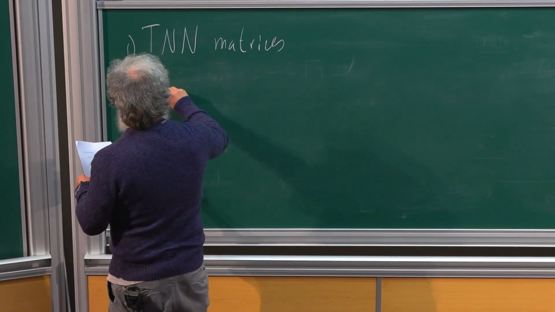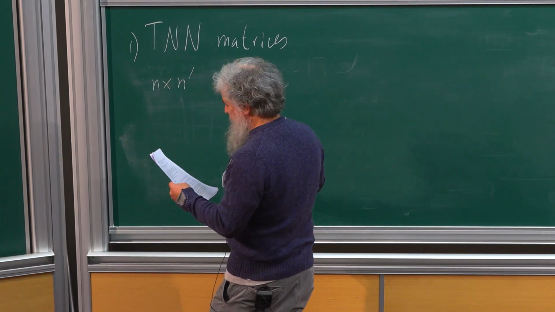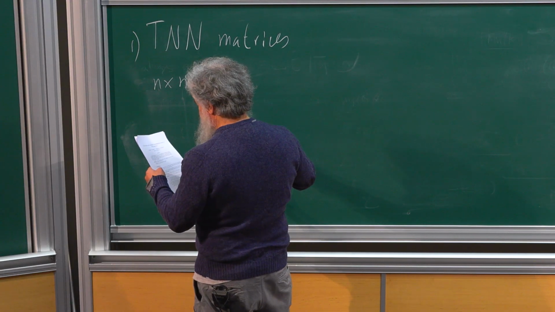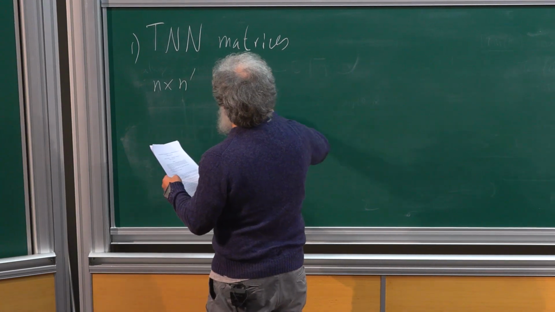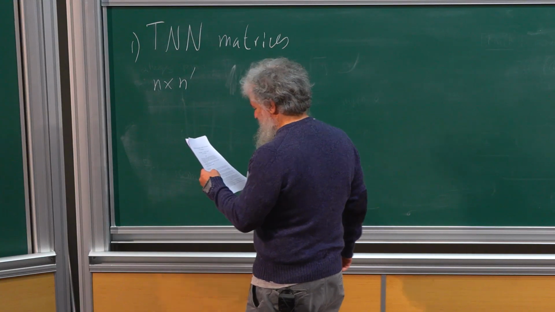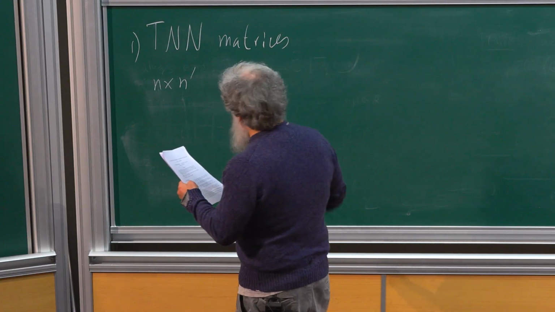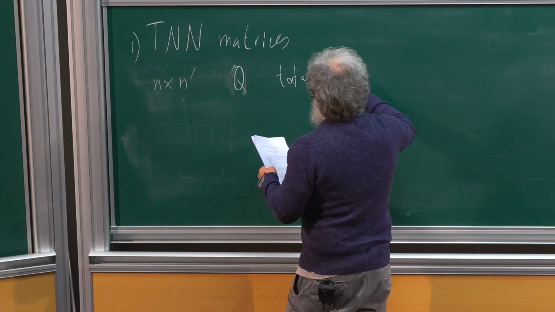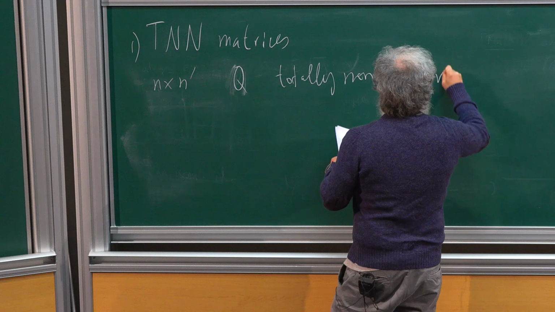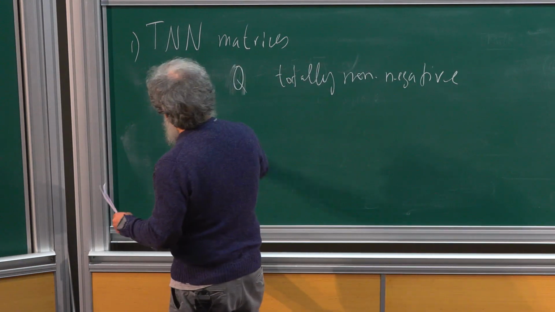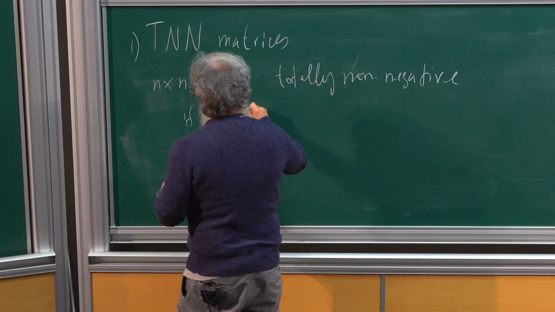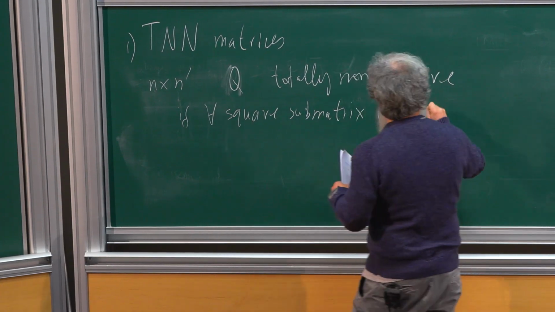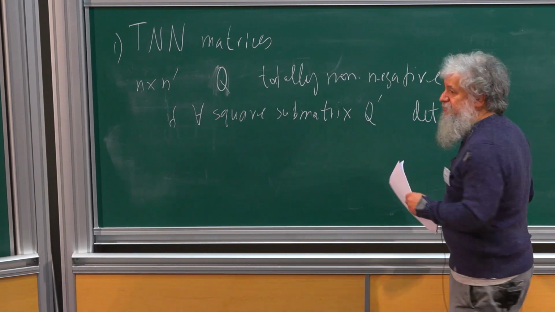Consider n times n' matrices with real entries, and we say that such a matrix Q is TNN, which means totally non-negative, if for any square submatrix Q', the determinant of Q' is greater than or equal to 0.